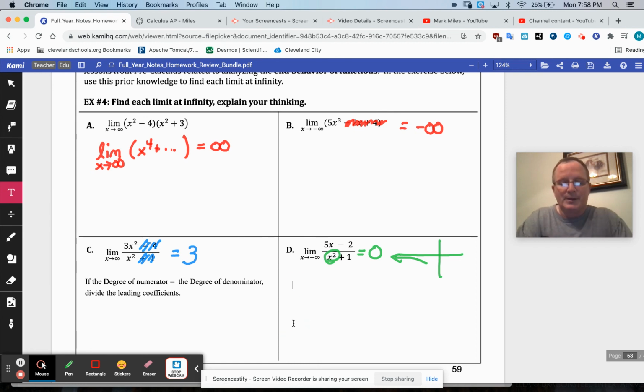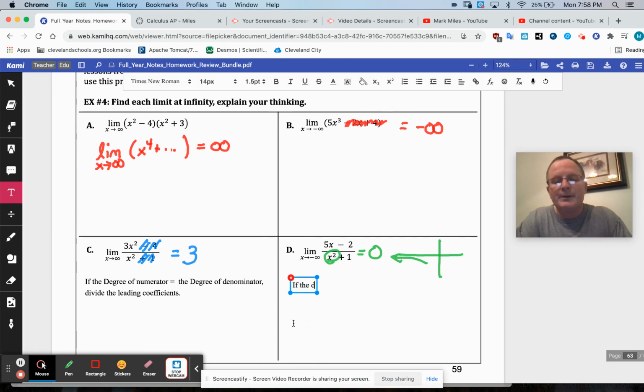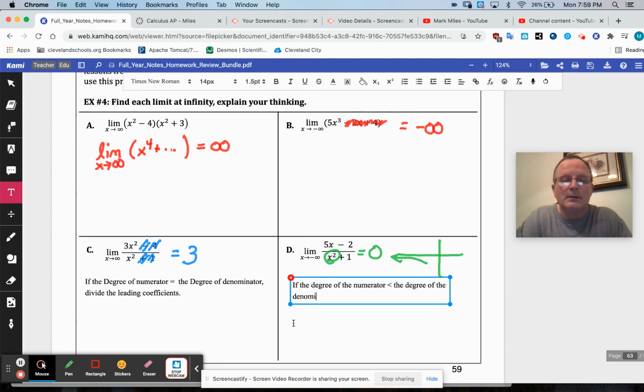So if the degree of the numerator is less than the degree of the denominator, then the limit is zero.